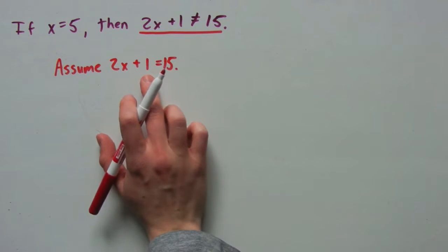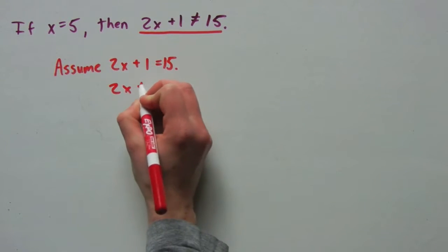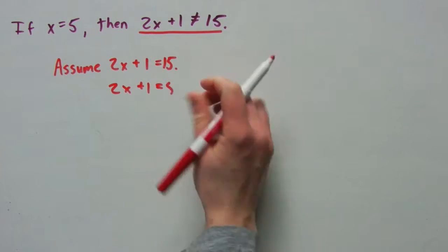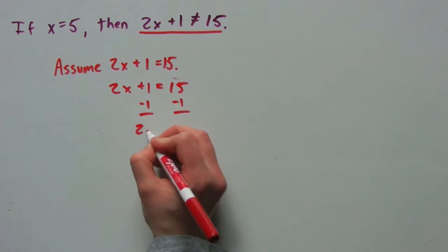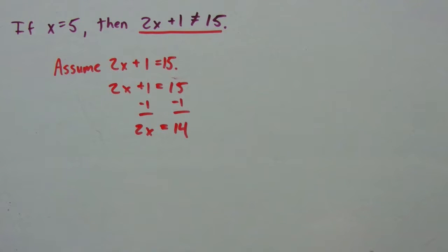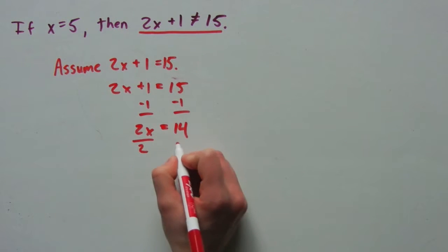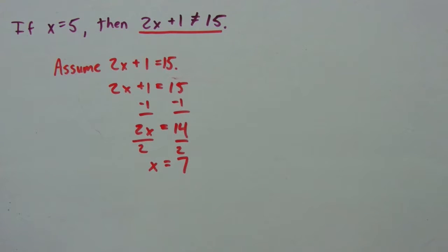If 2x plus 1 is equal to 15, we can say 2x plus 1 equals 15. Subtract a 1 from both sides. We get that 2x equals 14. And when we divide by 2, we get that x is equal to 7.